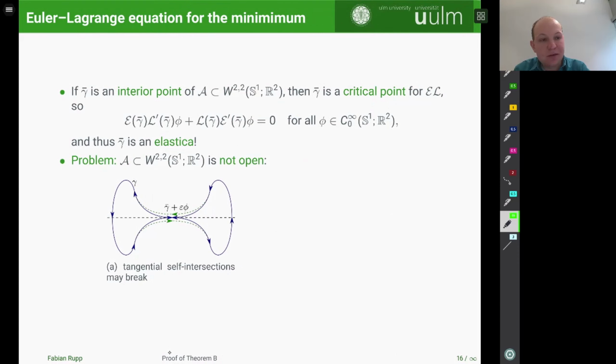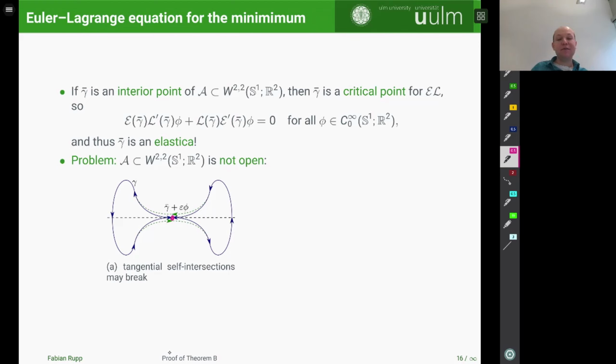If you have a curve where you have a self-intersection here, where in some sense the curve only touches itself tangentially, so the two tangents are anti-parallel at this point, then you can find a tiny perturbation and go up a little bit in the upper part and go down a little bit on the lower part, such that this self-intersection breaks, and you can do this for arbitrarily small epsilon if you choose the phi accordingly. This means that A is not open, right?